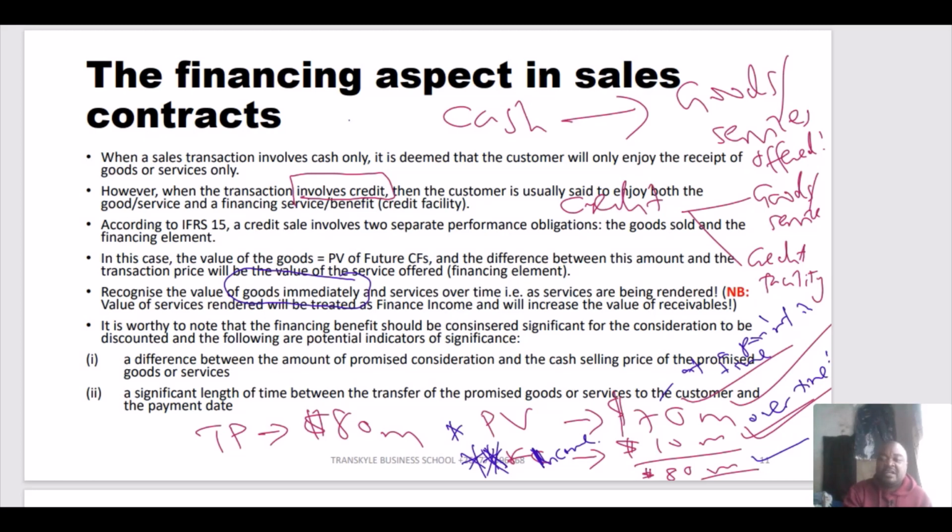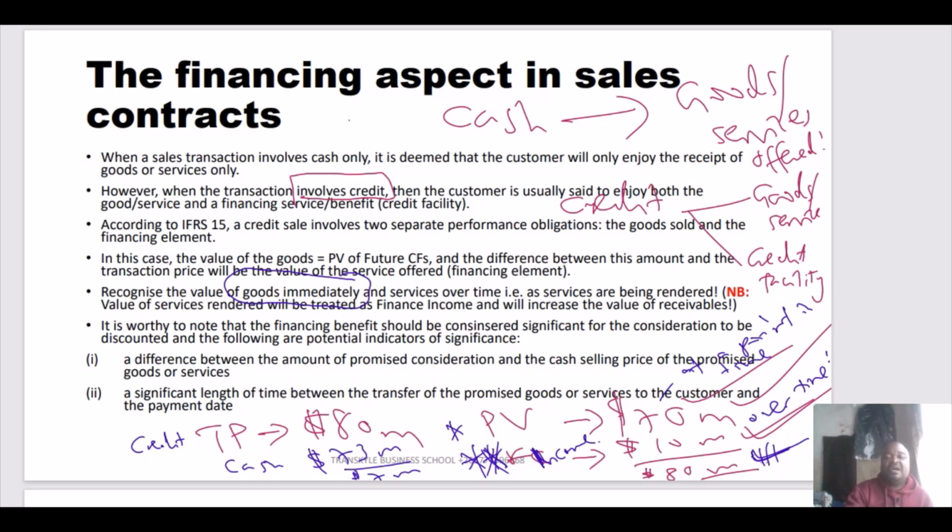Okay, the credit price was 80 million, and then maybe if the cash price was, say, 73 million, this was cash, this was credit, you can see that 7 million is actually a very significant figure.